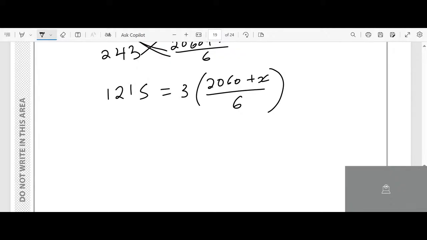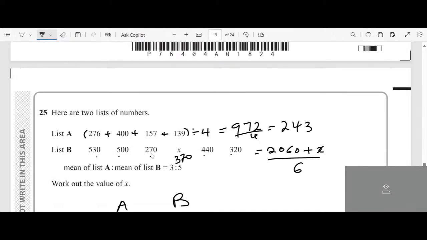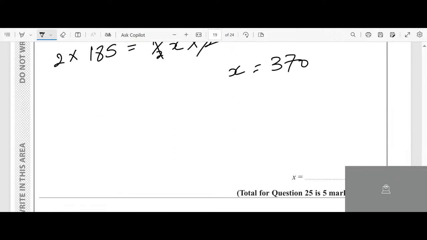So we have 1030 plus 3 divided by 6, that's a half x. So collect the like terms, 1215 minus 1030, we have 185 is equal to a half x, or you can decide to divide both sides by 0.5. So the value of x fits here because it is greater than 270 and also less than 440. Therefore, the number here is 370.